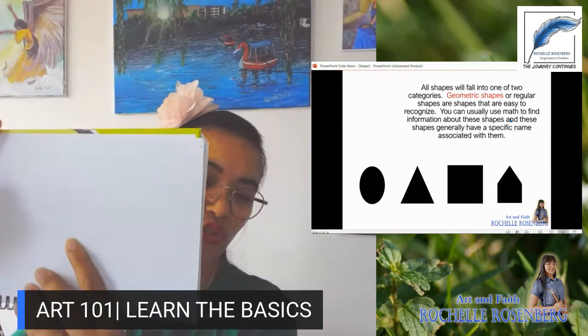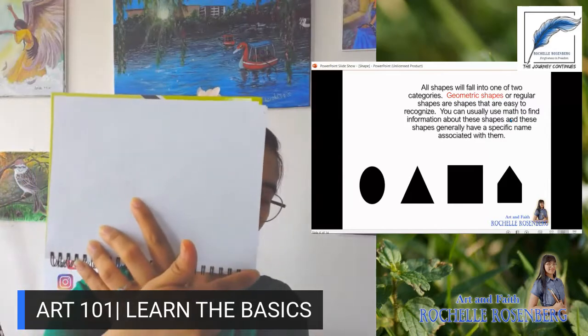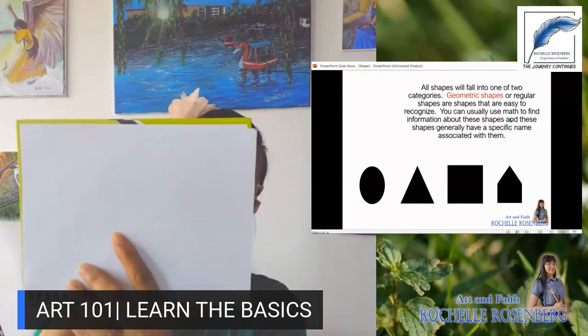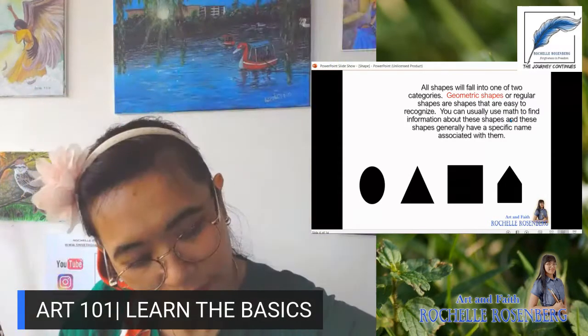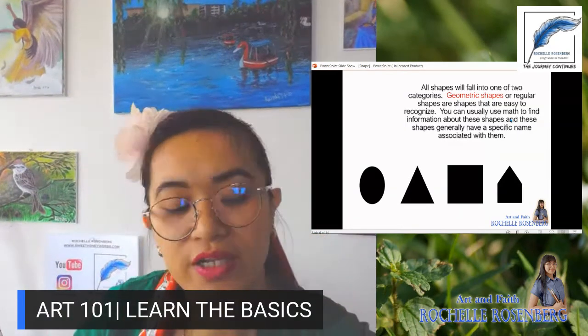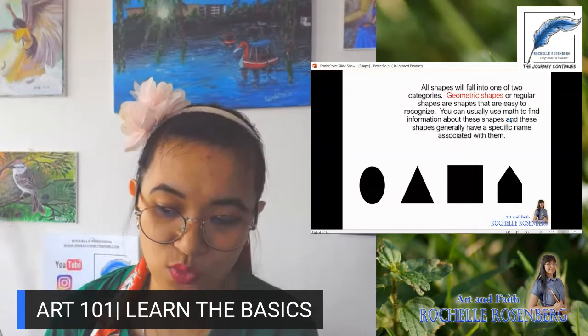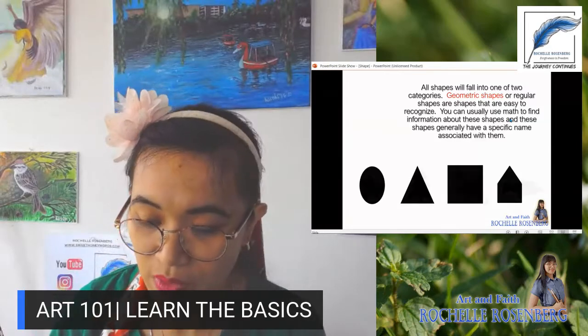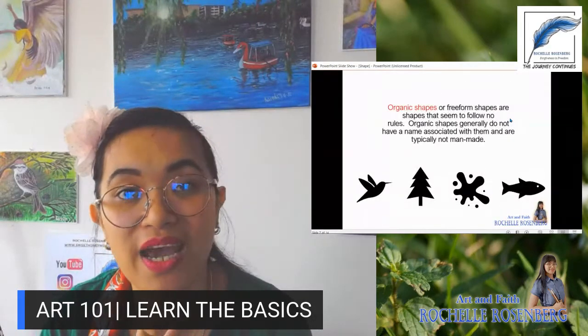One, two, three, and four. So now you can see that there are different identifications when it comes to mathematics, but the organic ones don't have that.